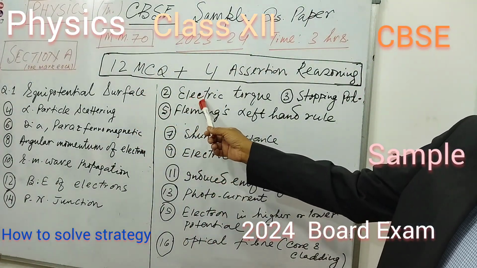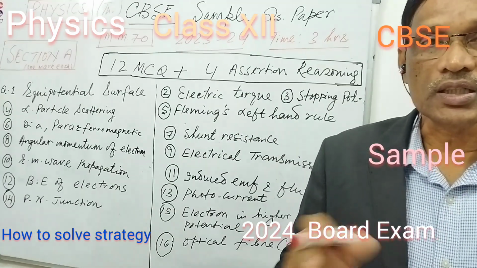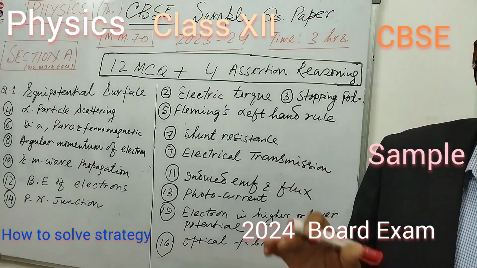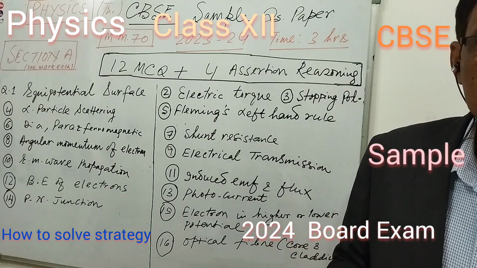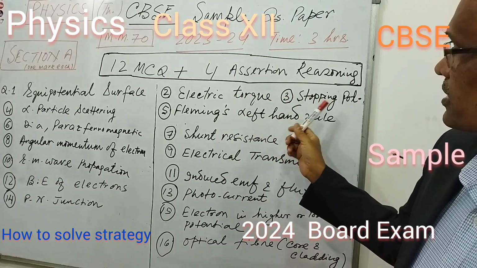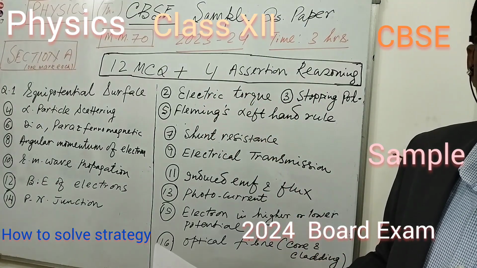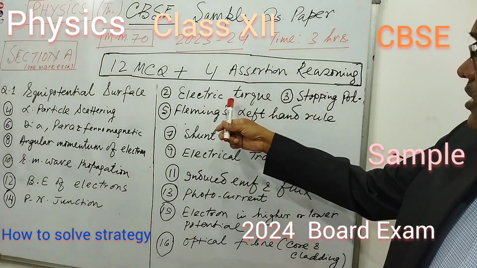The second objective question is asking about electric torque. Tau is P cross E, which is P E sin theta. You remember exactly, I hope, so you can definitely find the answer among the alternatives.